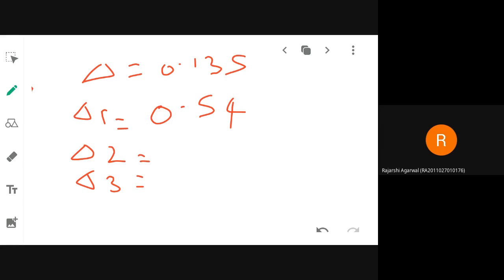Del 2 is 1.125. Del 3. Yash is doing the problem.